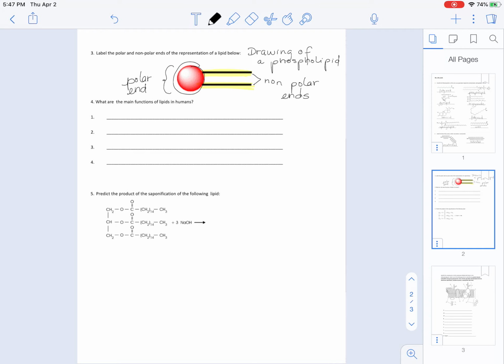The first function of lipids in humans is to provide energy storage. The second function is providing biomolecules for cell membranes.